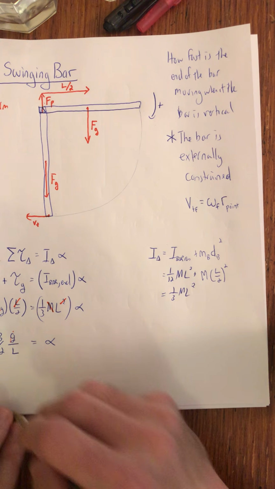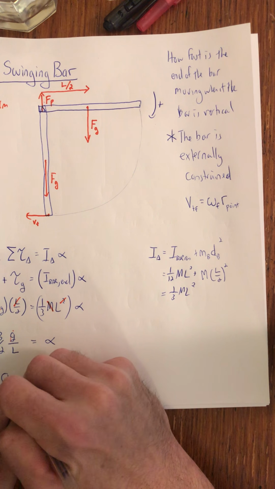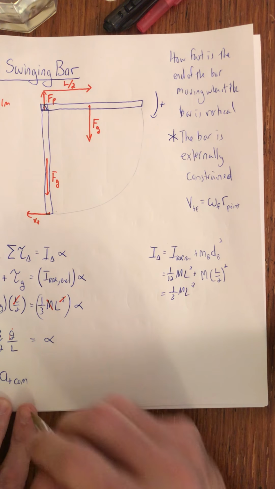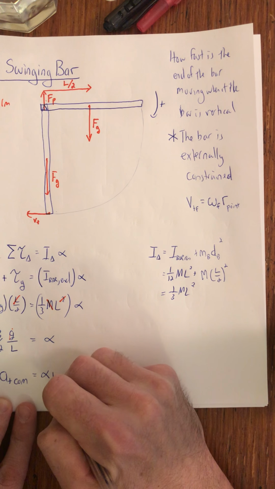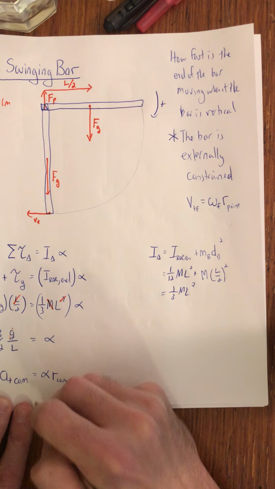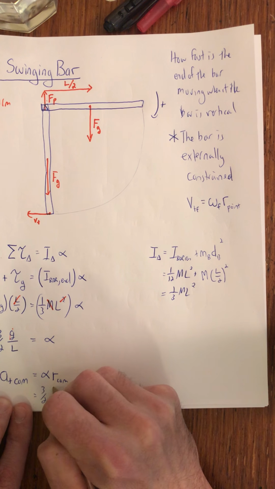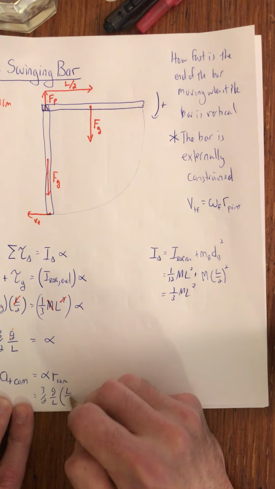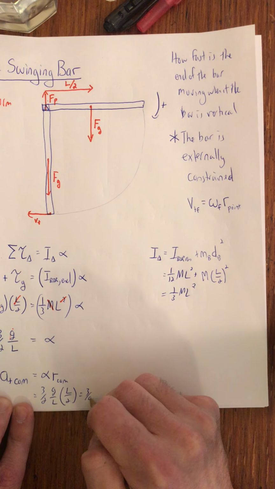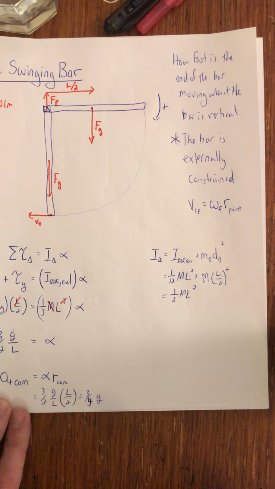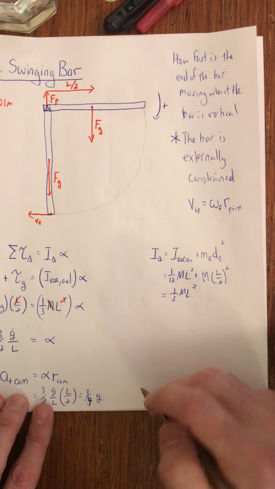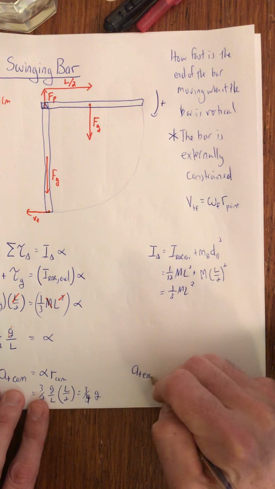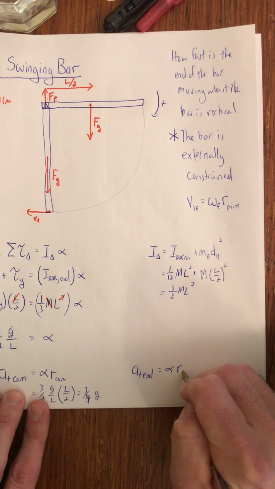First, if I wanted to know what the tangential acceleration of the center of mass point is at this point, that's equal to alpha times r to the COM. So that's 3/2 G over L, and then r to the center of mass is L over 2, or 3/4 of G. But look at this. If I want to know what the tangential acceleration of the end point of this is, that's alpha times r to the end.